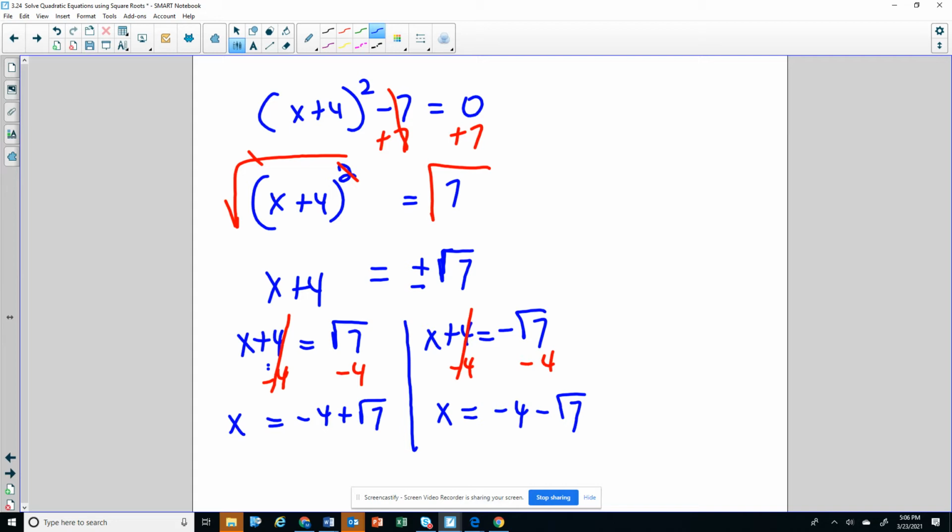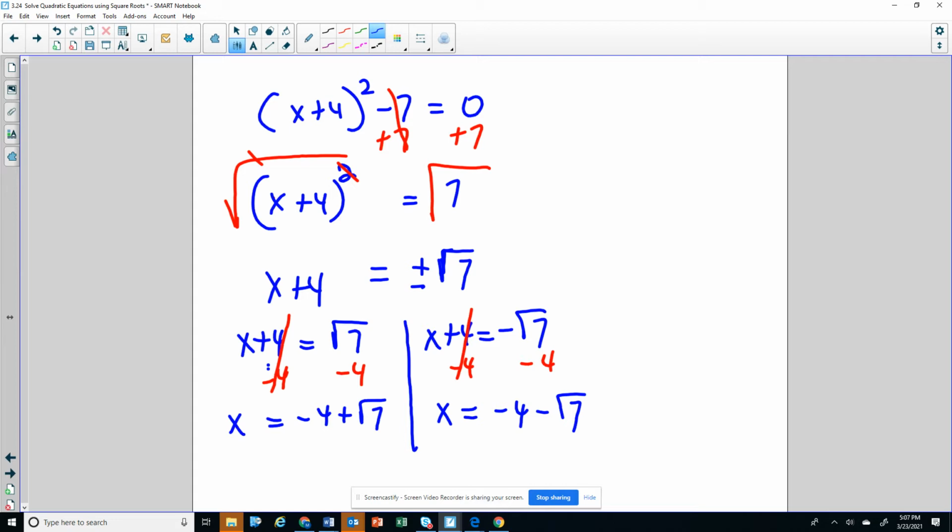Give me a second, guys. 7, and the square root of that is... okay, let's try this again. 7, and that's going to give me 2.65.